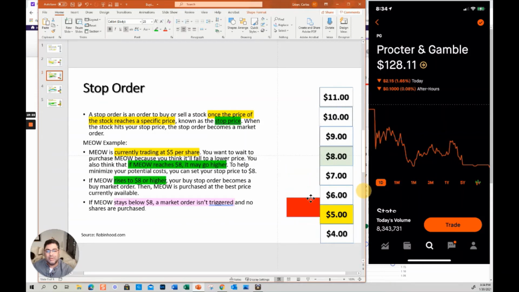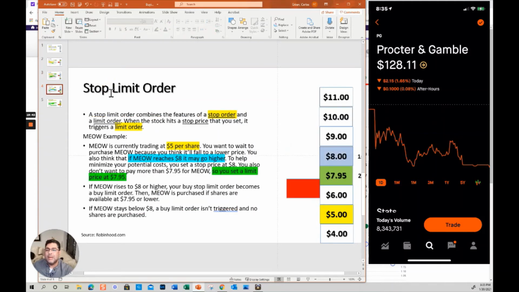You don't want to buy at 6 and then it goes down again. But you think that once it reaches 8, that's the magic number and it will continue to go up. So this is your stop price, or your stop number.